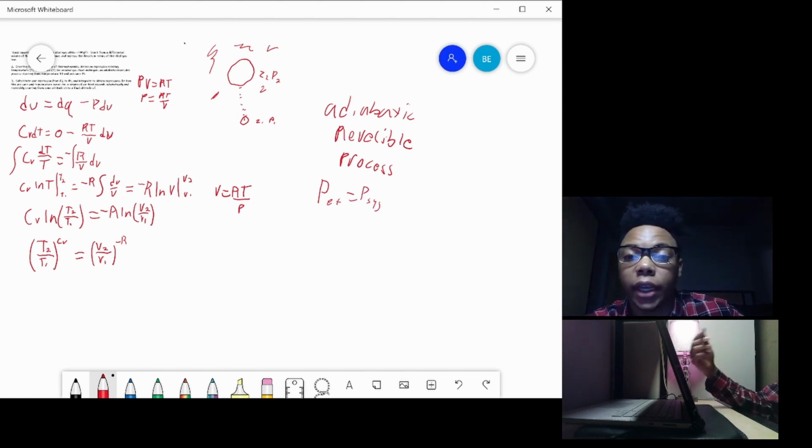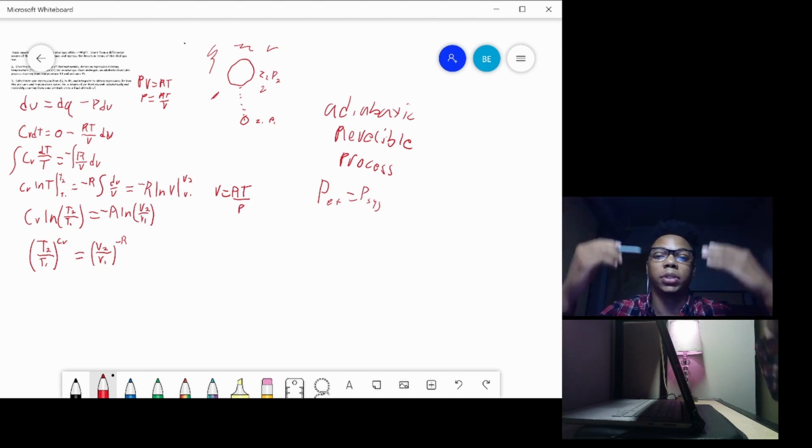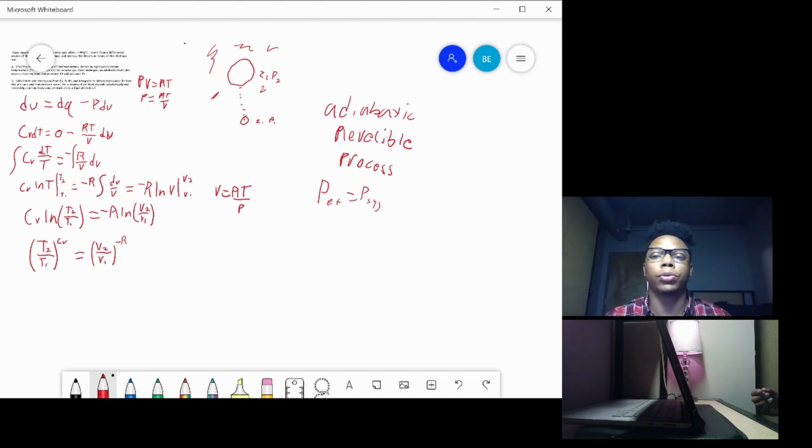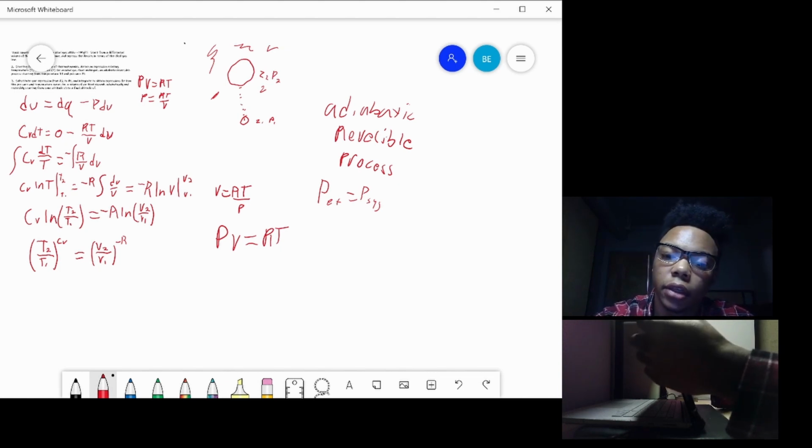Also, since there is no heat exchange, there is no heat added or destroyed, in a way, whenever we go from position 1 to position 2. What is also great about this is that since we're using an ideal gas, we're able to use ideal gas equations like PV equals RT and get rid of the number of moles, because it's just one mole for an ideal gas.